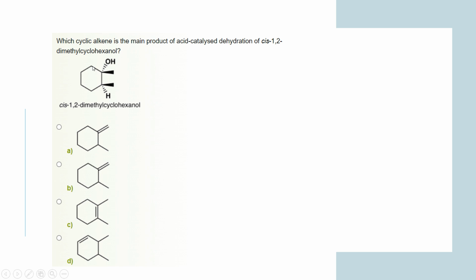If you eliminate this proton from here, you will get a double bond here. If you eliminate a proton from this carbon, you will get a double bond in this position. And lastly, if you remove this proton, you will get a double bond in this position. So you have three options now. In the first case, you are getting a tri-substituted alkene. In the second possibility, you are getting a di-substituted alkene.